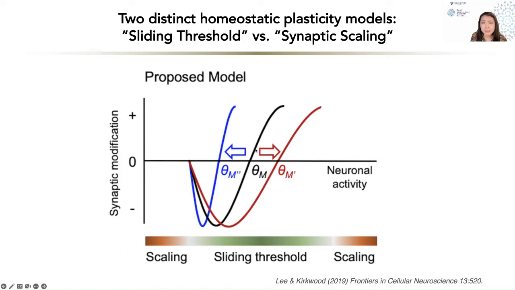And the important thing about this sliding threshold model is that this threshold where the crossover occurs between LTD and LTP is itself modified by past activity.